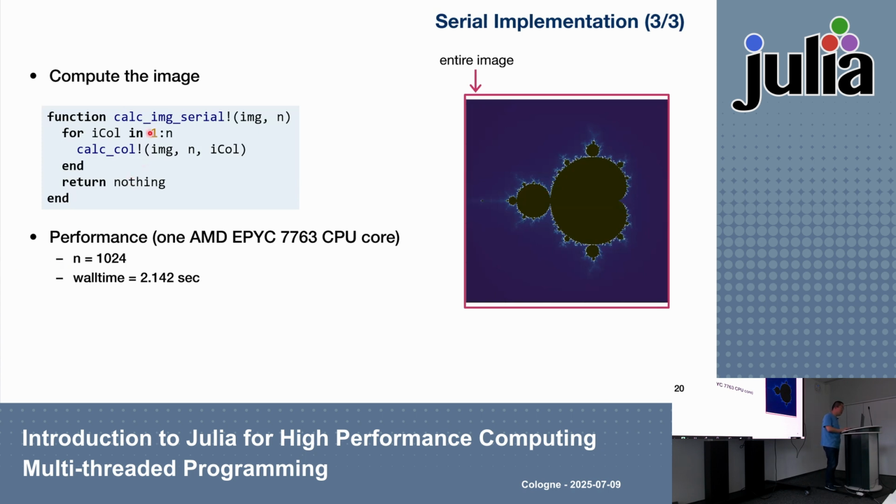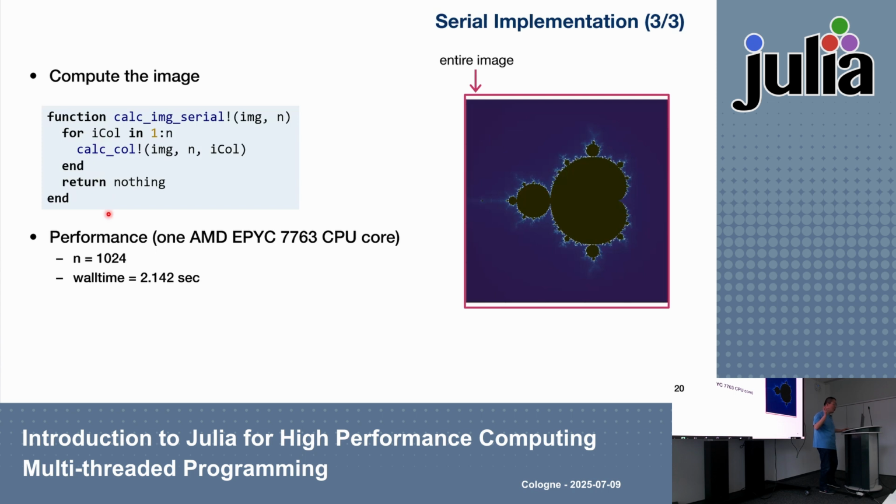You compute this image by calling the function calculate image serial, of course, because this is single-threaded code. And then you have the outermost loop, which will go through all the columns from column 1 to column n. You see the concept is very simple.